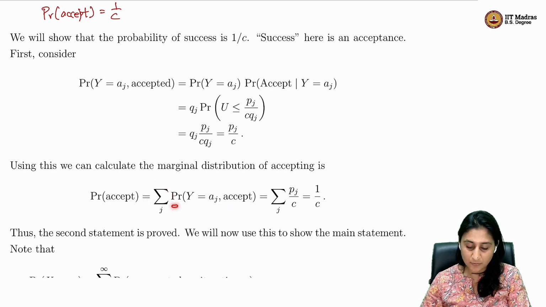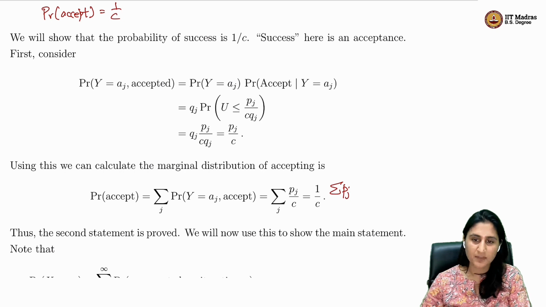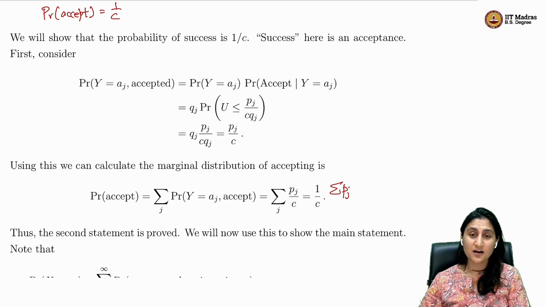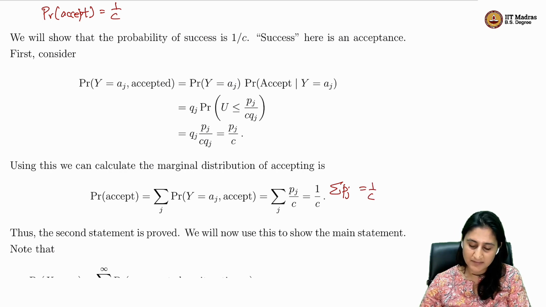But this I know is nothing but pj by c, so I get the summation over j of pj by c. This is 1 by c times the summation of pj. Because the pj's form a valid probability mass function, the summation of pj's is 1, and so this is 1 by c.